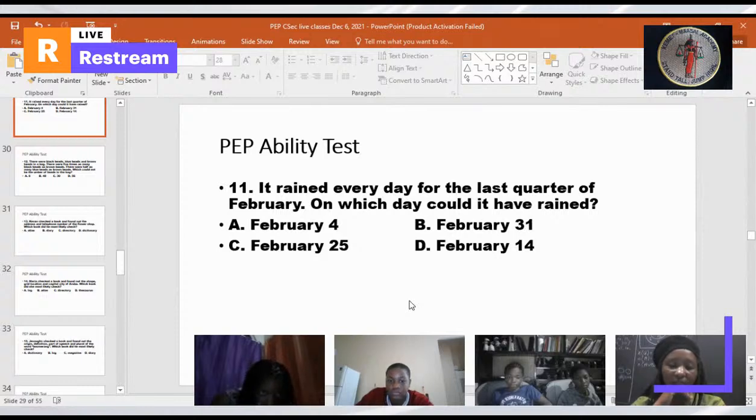He found a quarter of February. A quarter of 28 days is 7 days. So we have to find a number that falls within the last 7 days, anywhere from the 22nd to the 28th. February certainly does not have 31 days. So the answer is C.